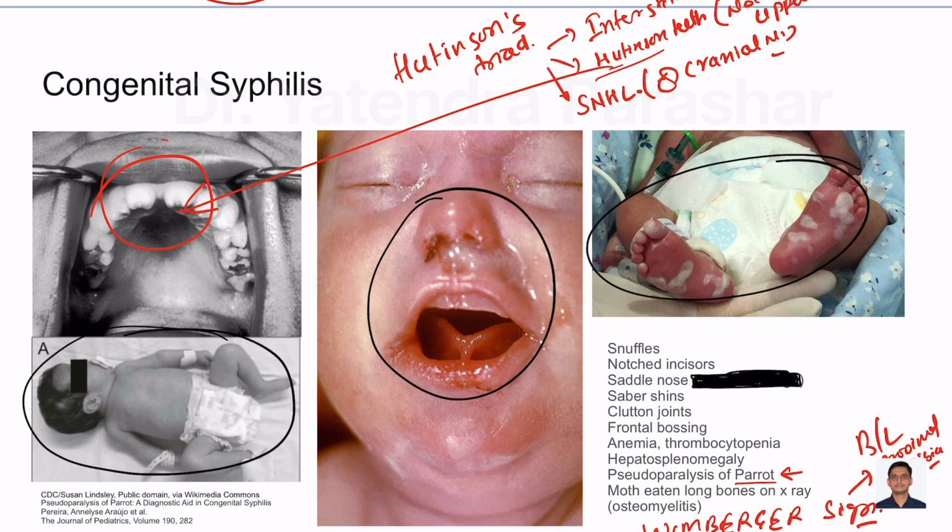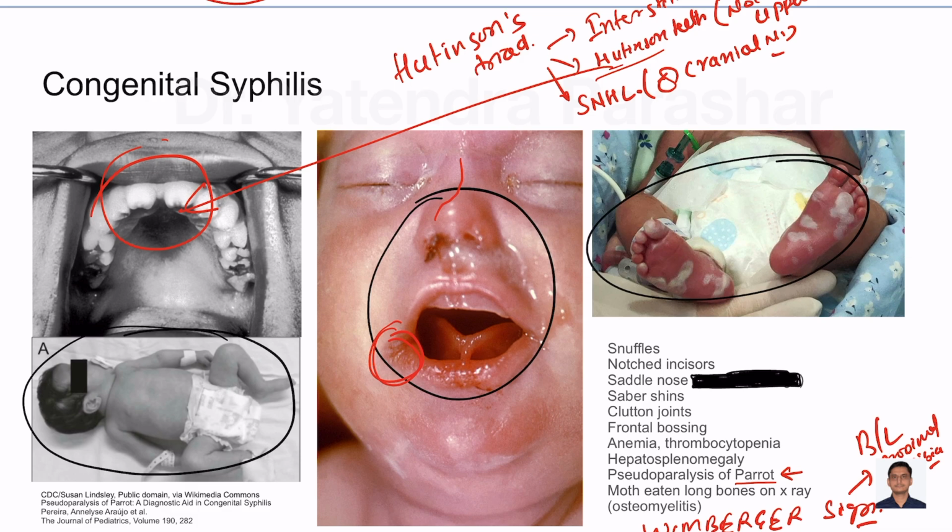Other clinical features are mulberry molars, high arch palate, saddle nose deformity, frontal bossing, and perioral fissures and scars. In this picture, this child has saddle nose, perioral fissures.